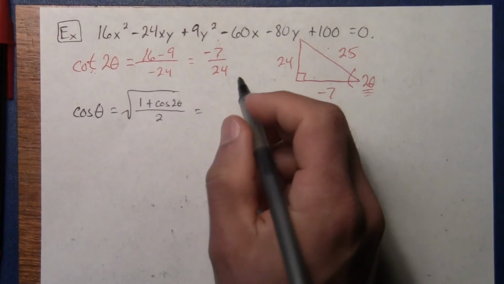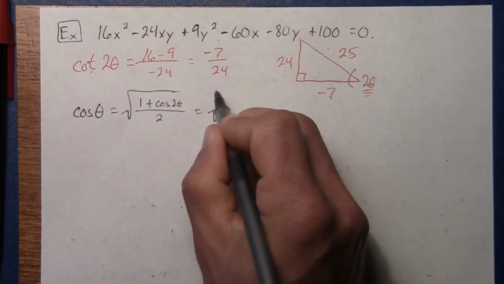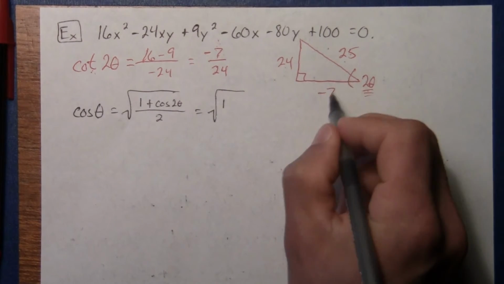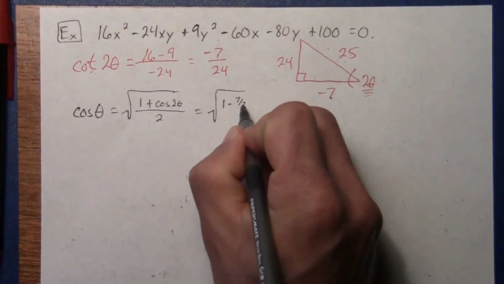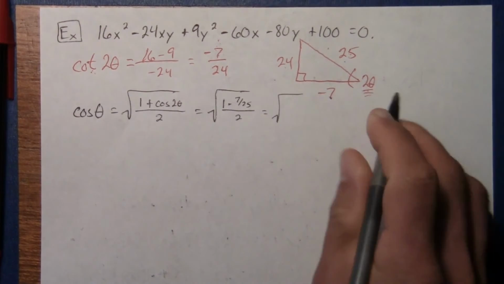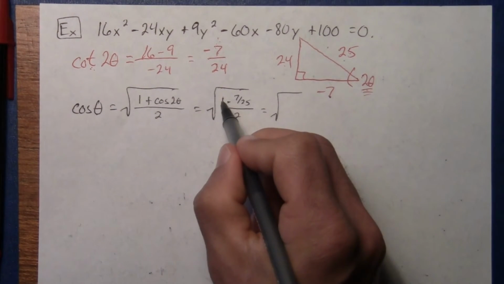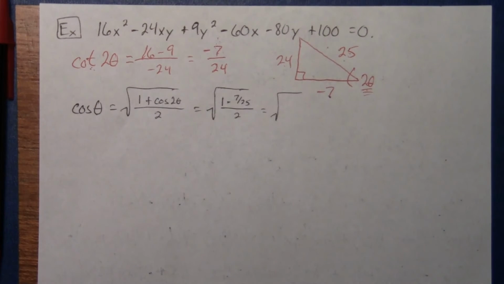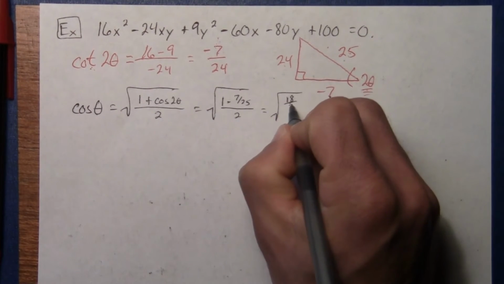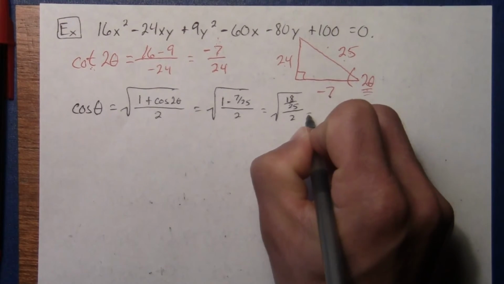So the cosine of regular theta, which is what I'm looking for, is equal to the square root of 1 plus negative 7/25, so minus 7/25, divided by 2. Calculating that out, that's 25 over 25 minus 7 over 25, which gives me 18 over 25 over 2.